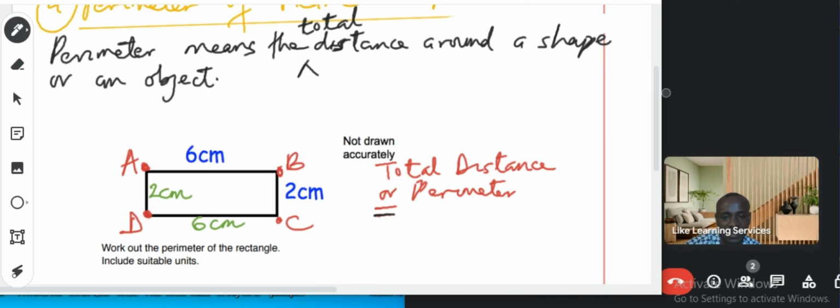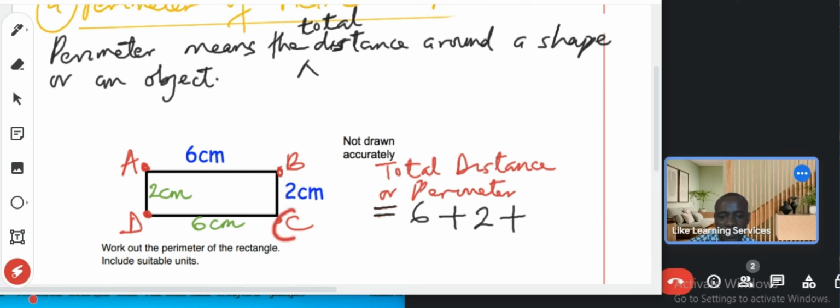Which is 6 plus, that's A to B is 6, then B to C is 2, so plus 2, plus what again? Speak up. Plus 6 centimeters. Plus what again? 2 centimeters. Plus 2 centimeters.